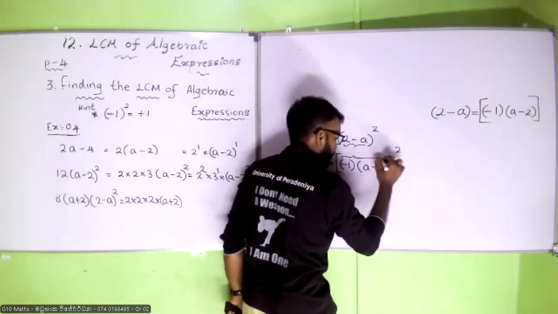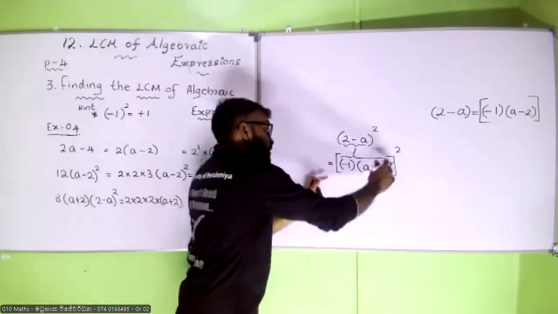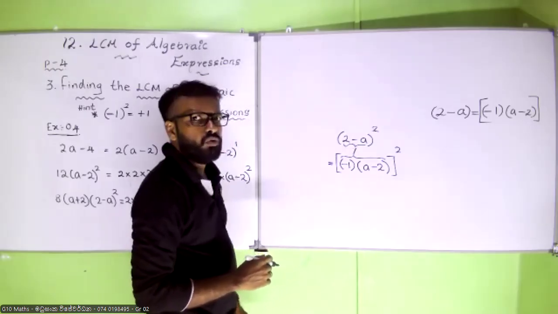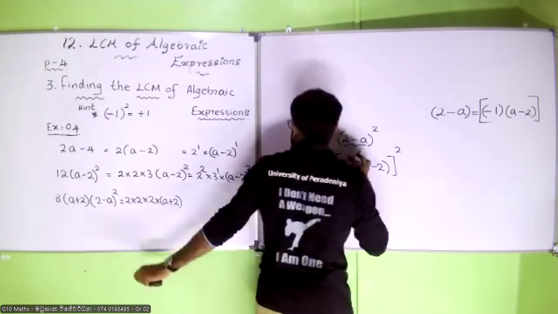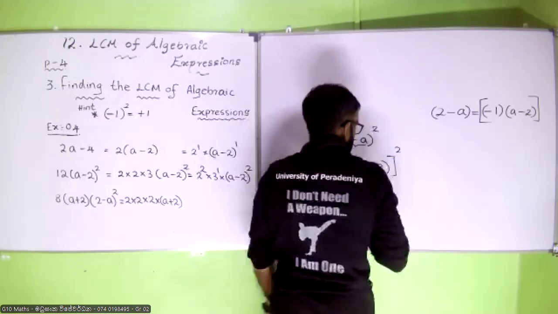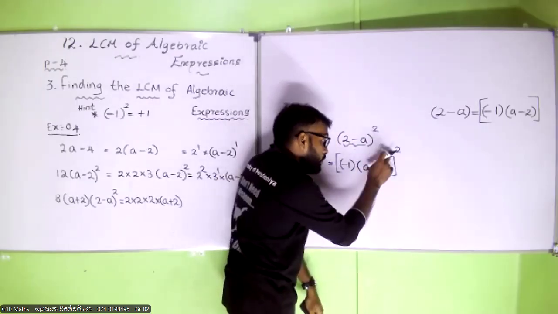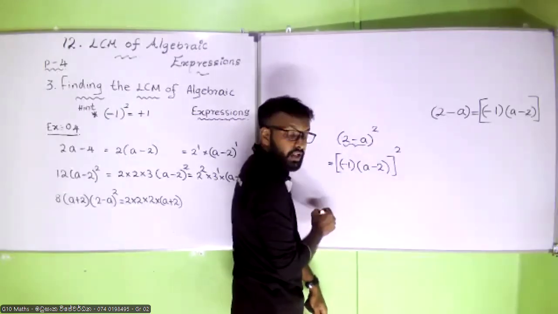When we have a whole thing to the power 2, right? So, how to get the whole thing to the power 2? That's why I gave you a hint. This power 2 is common for minus 1 and common for this a minus 2 as well.